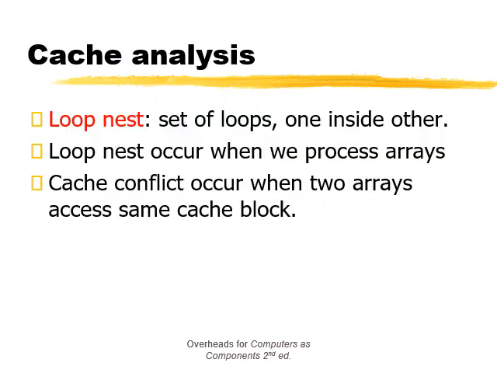In this slide we will talk about cache optimization or cache analysis. A loop nest is a set of loops, one inside the other. As we will show you in the next slide, loop nests occur when we process arrays. A large body of techniques may be developed for optimizing loop nests.